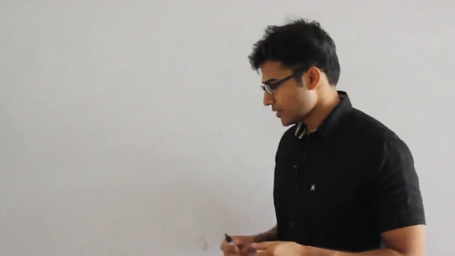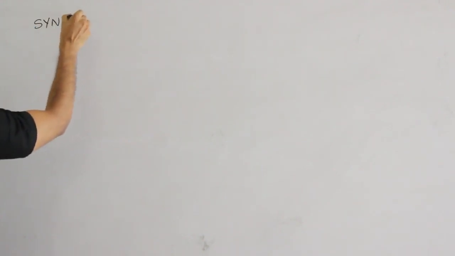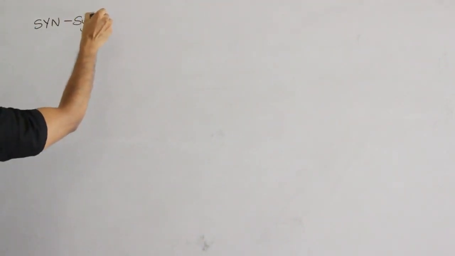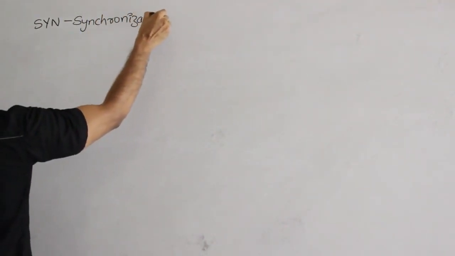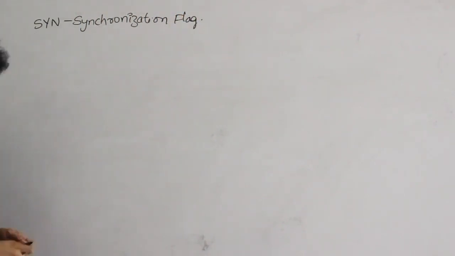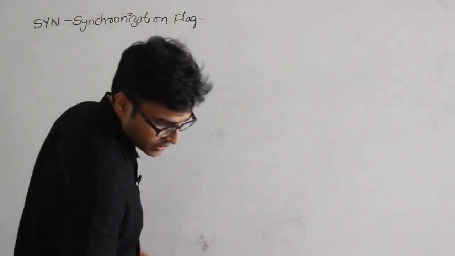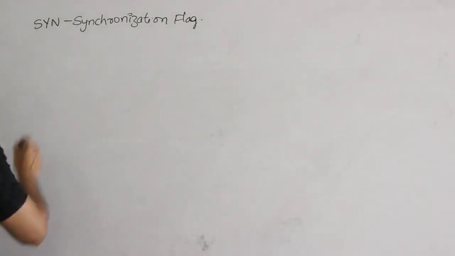So the first one, if you look at the last but one flag, is the SYN flag. It is also called the synchronization flag. And the next flag, the second flag, is the ACK flag.